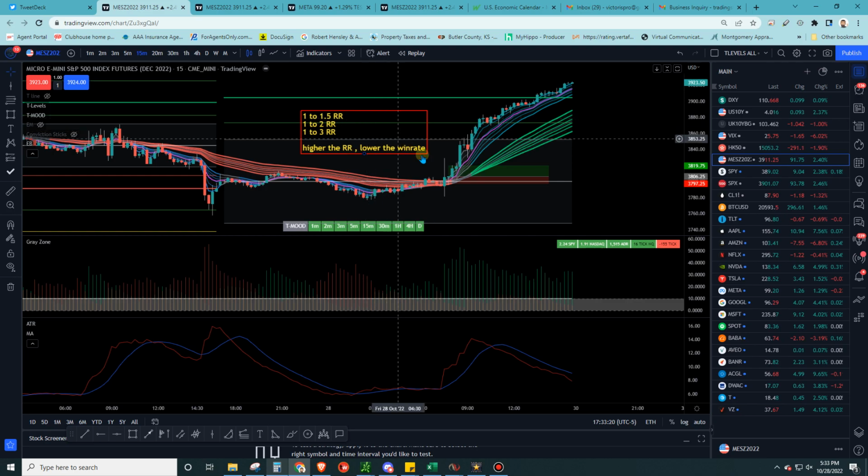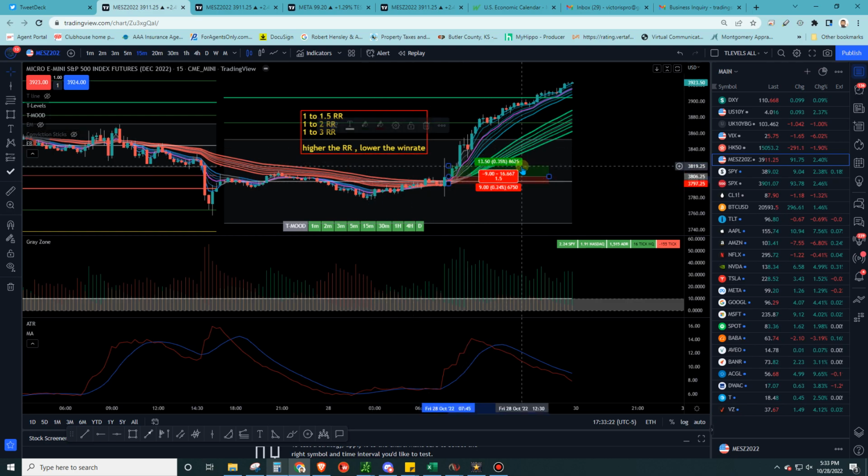So you take 9 points risk, but then you go for the gusto, and this thing goes all the way up here, then it reverses and stops you out. Then you end up giving up, say, 20 points when you were aiming for 27. That's where your risk reward ratio comes into play, and that's how it affects your win rate.